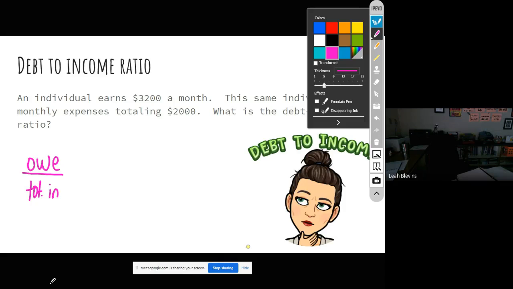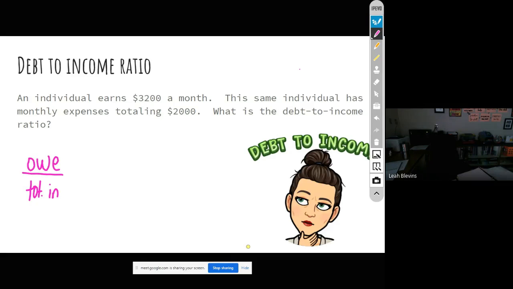So it says an individual earns $3,200 a month. This same individual has monthly expenses totaling $2,000. What is their debt to income ratio? So how would I set that up?